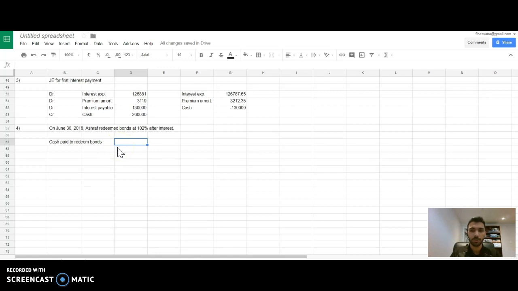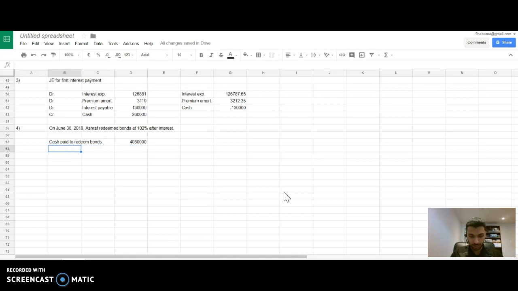So when you're buying out a bond early, you have to look at the face amount and work off of that. So if this number is over 100% or under 100%, you always start with the face amount. So we know our face amount is $4 million times 102%. So 4080 is the amount that was paid by Ashraf to redeem 100% of the bonds.